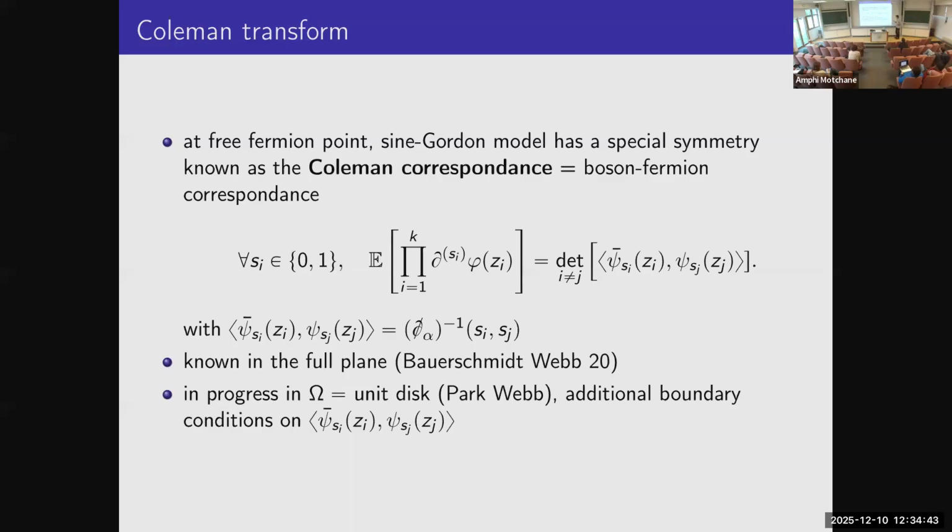In bounded domains, this is also part of the work I was mentioning before: Park and Webb prove this identity for the sine-Gordon field in bounded domains. So this is why we have not really proved convergence towards the sine-Gordon field, but convergence towards this fermionic form of the sine-Gordon field.